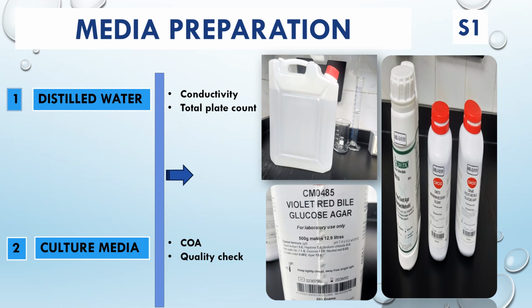Whenever we purchase any media, we need to check its certificate of analysis, whether the batch and everything is clear, whatever is written in the description on the media bottle, and whether it is traceable to the international system, and we'll also go for its quality check. That is also recommended by ISO 11133. We also need to check the culture media that we want to use in our laboratory.